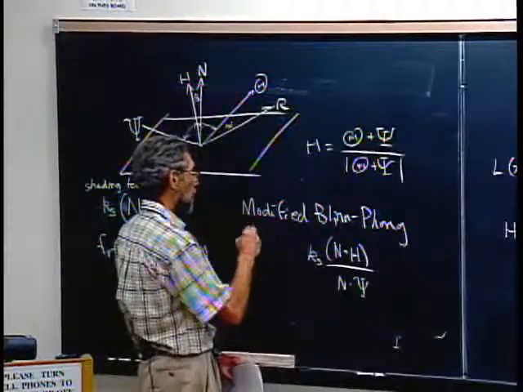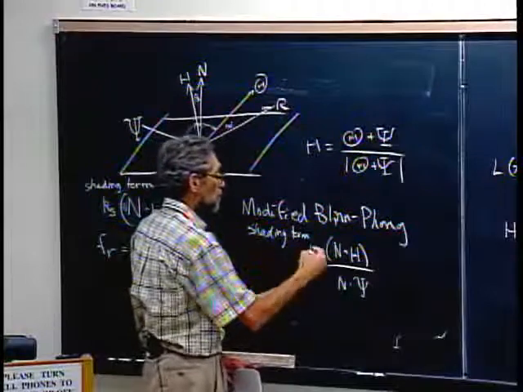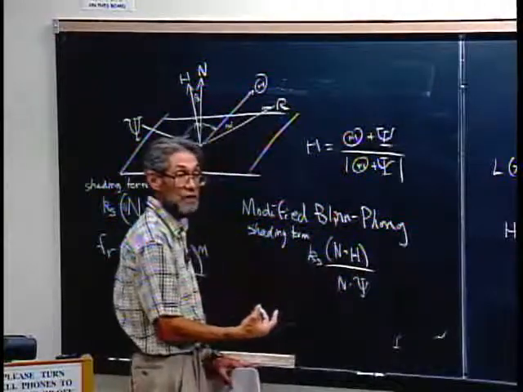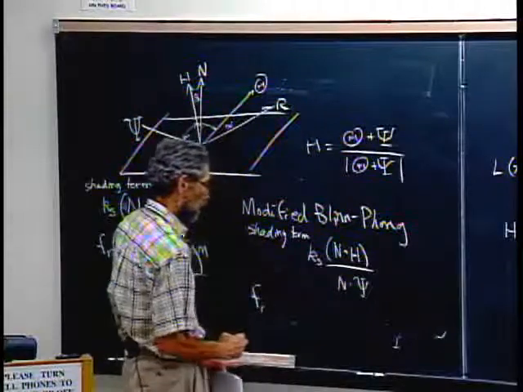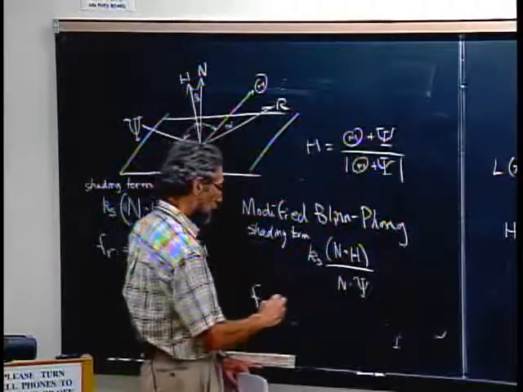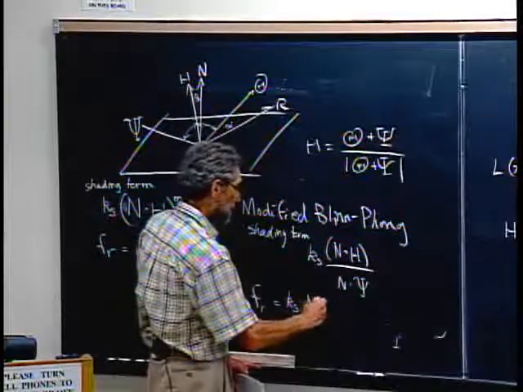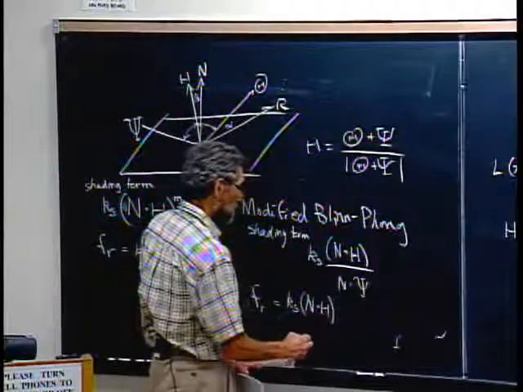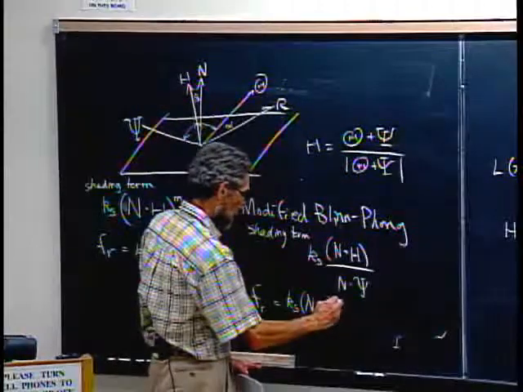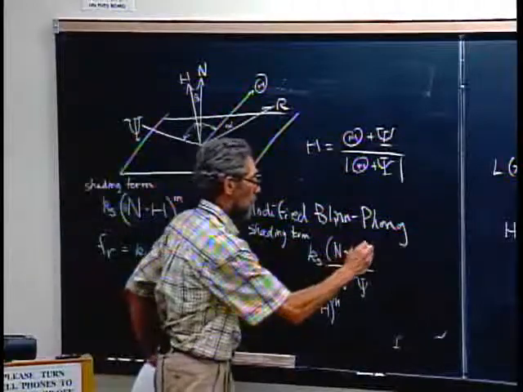Let me just do it that way. If you put this in the denominator of the shading term, then the bidirectional reflectivity function is Ks n dot h. Let me think about that to the n. Do I want to put it in the numerator or the denominator?